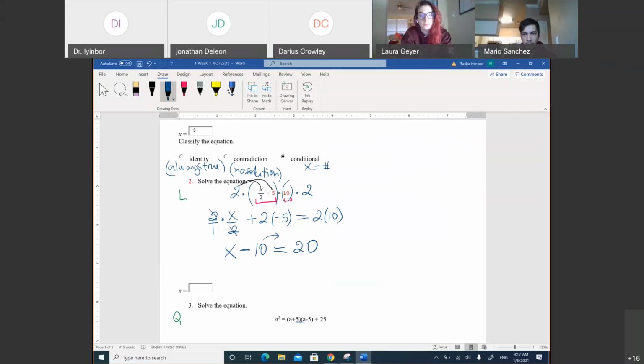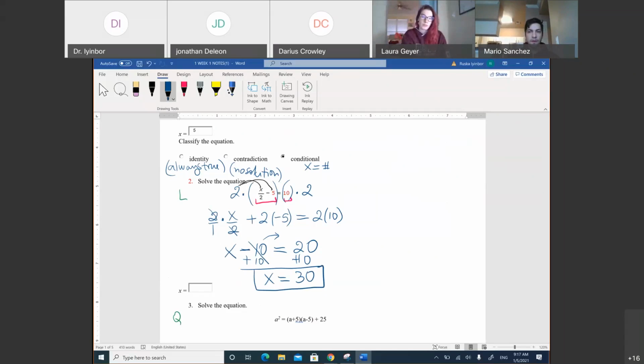So we're going to add 10 to both sides to move it over. And then 10 and 10 cancel, so you get x equals 30. Okay? And it's already 1x, so you don't need to divide. So again, we're skipping the last step. So we get x equals 30.